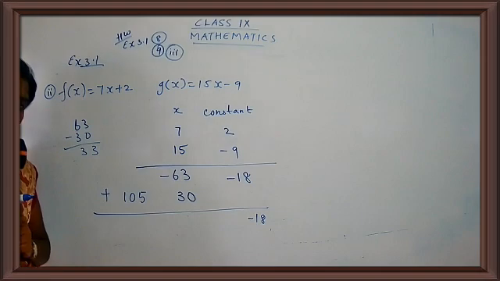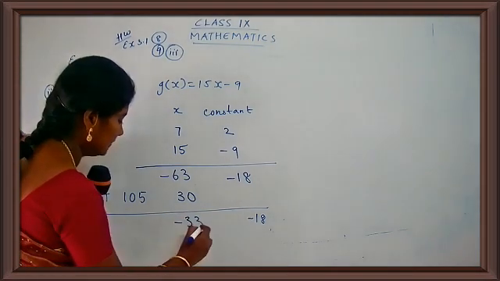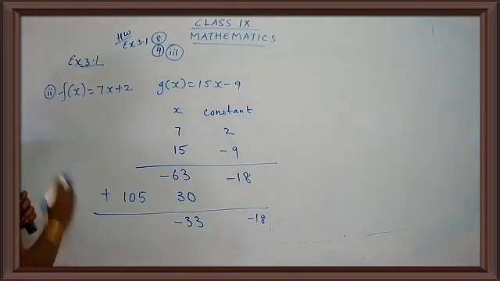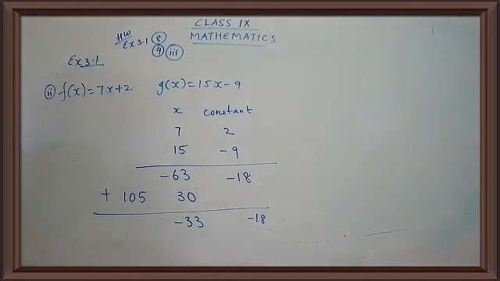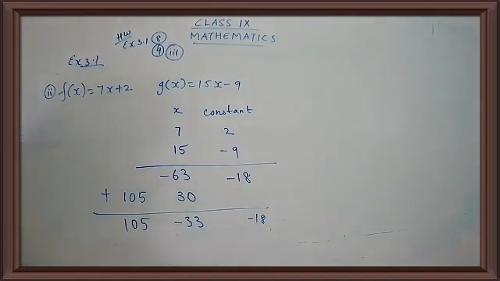So what is the sign of the bigger number? Minus. So I get the answer as minus 33. Now here there is nothing to worry about because it's a single number, so you write down this number as it is. So you get here 105. So what do you get here? 105, minus 33, minus 18.